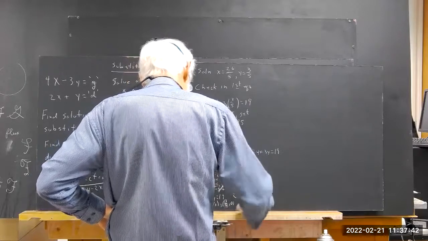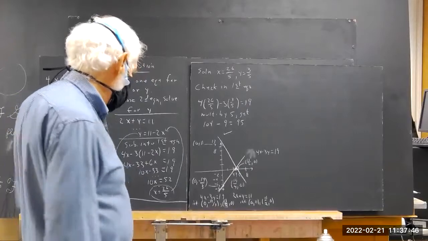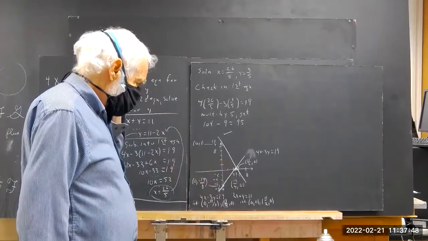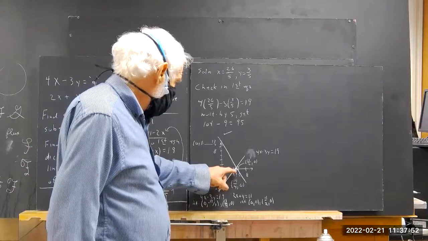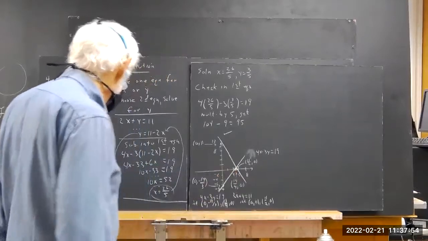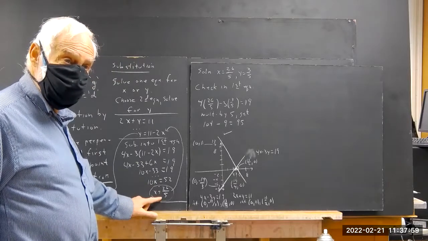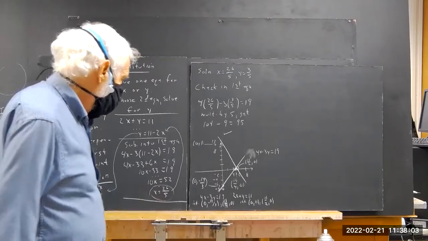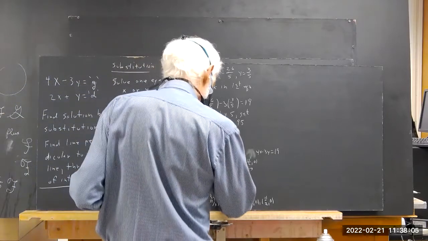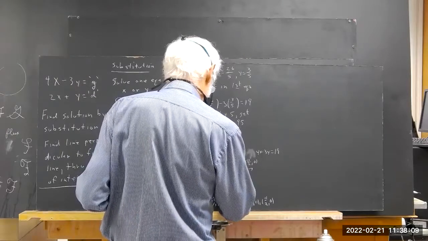And now you come through here, and my graph makes a certain amount of sense. We see that x is probably a little more than 5. Well, 26/5 is 5 1/5, right? That'd be 5.2, okay? And y is down here. So the y coordinate, this graph actually turned out pretty well.